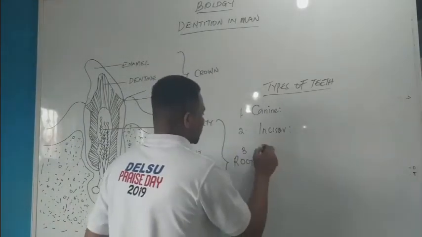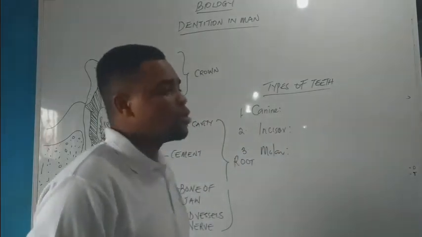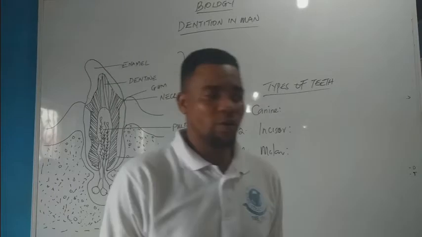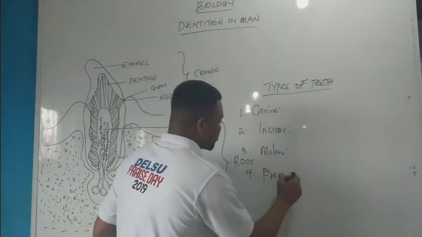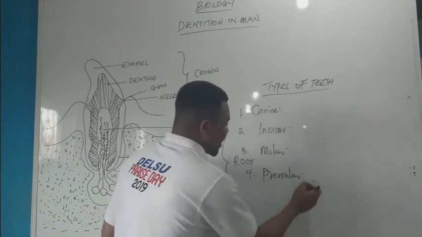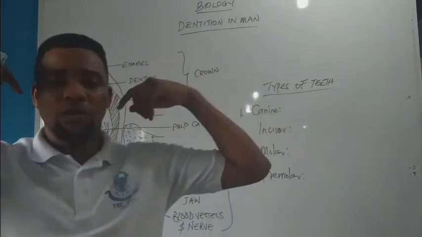The third one is the molar. The molar is used for grinding and chewing. The molar has the same function as the premolar. They are found at the back end of the mouth, at the distal region of the mouth.